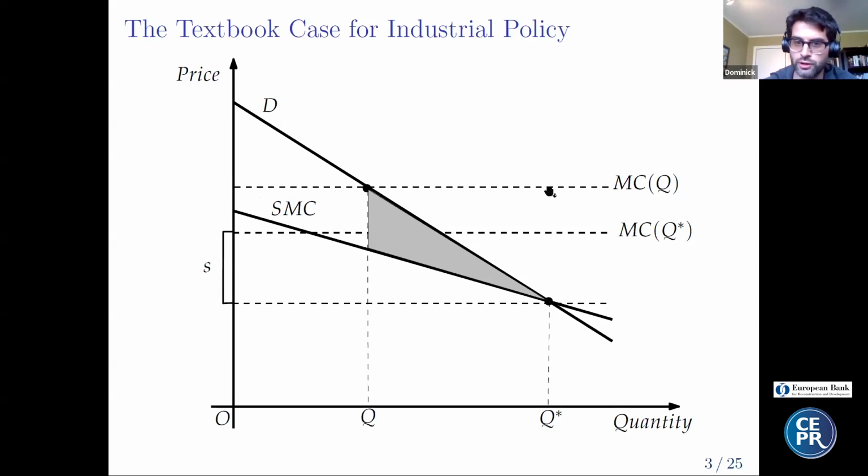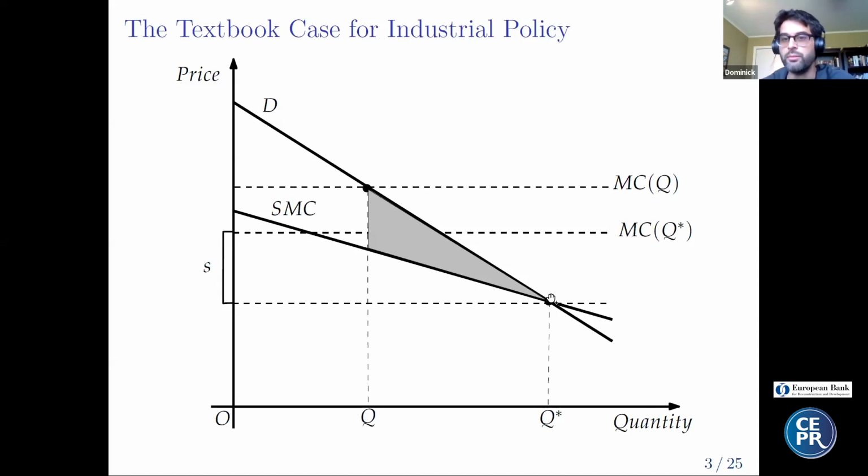I'm not showing you the curve, but I'm showing you a couple of different points on the curve here. Here's at output Q, and here's at output Q star. This is the marginal cost curve that private agents in the economy perceive. And it's different than the social marginal cost curve, right? Which is this downward sloping thing here.